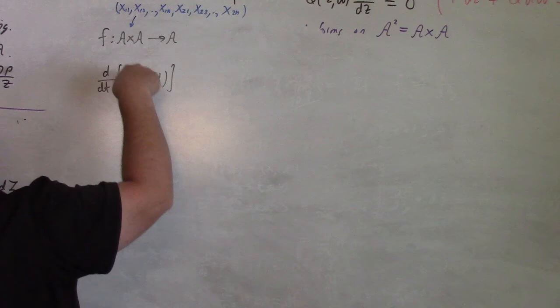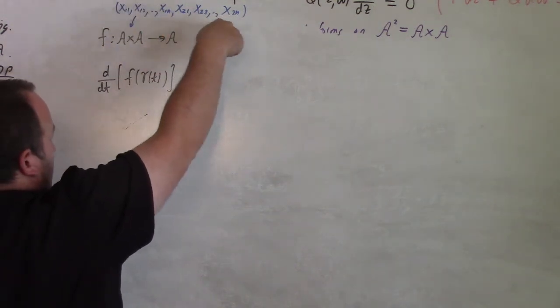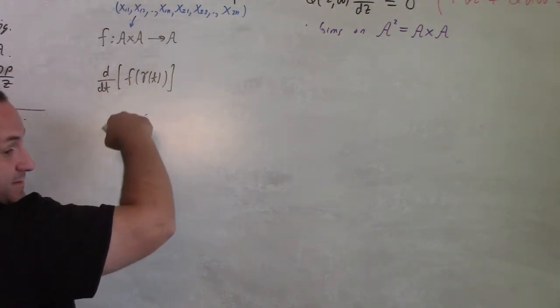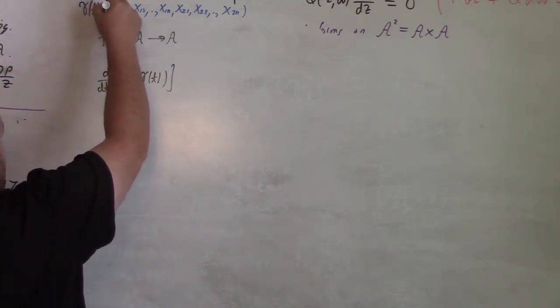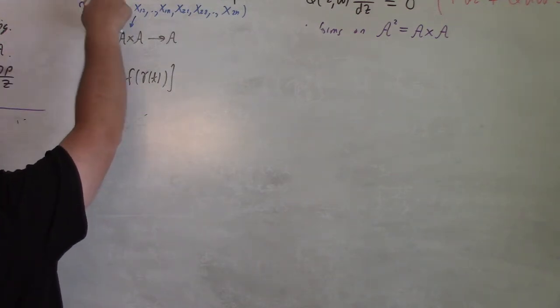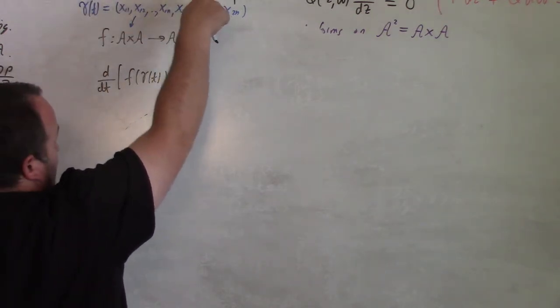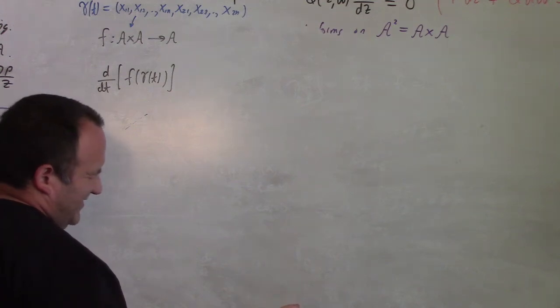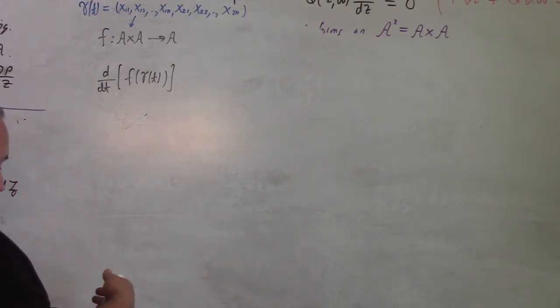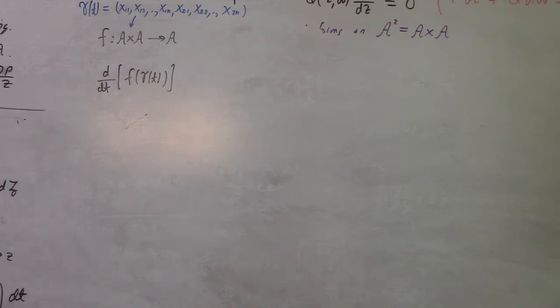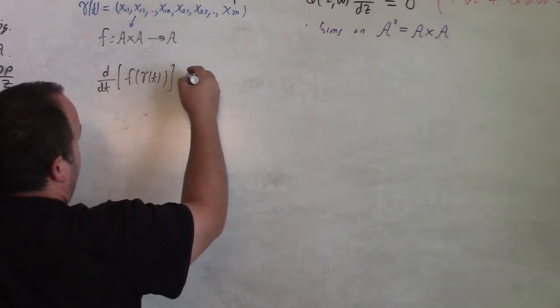It's really that gamma of t has 2n component functions of t, right? So I'm just going to say gamma of t equals this, which is an abuse. If I write that, I mean that each one of these is separately a function of t. But I'm also going to use those as the Cartesian variables of 2n dimensions, just like I did down here. I'm abusing z both as the variable and as a notation for the component function of gamma. I will engage in that same abuse here.